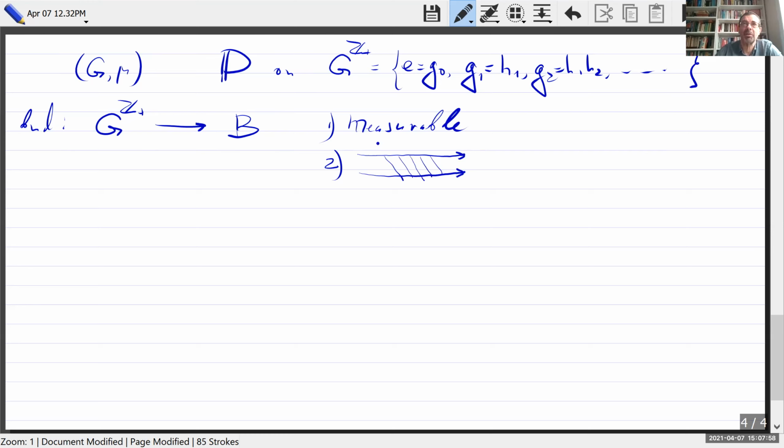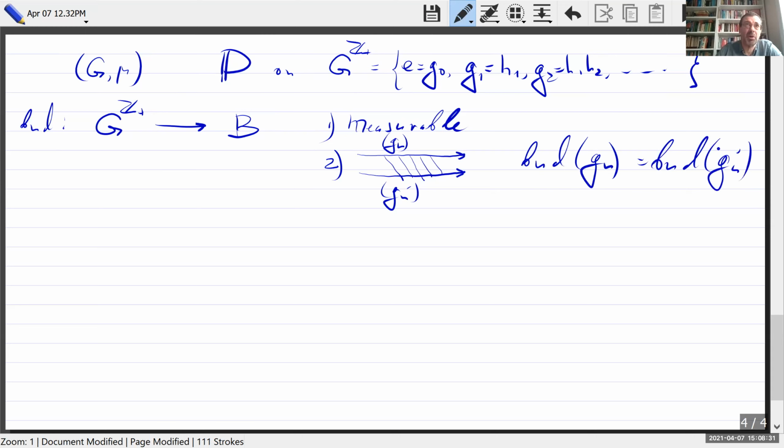So let it be sequence G_n, and this will be sequence G_n prime. Then, of course, if these sequences converge to limits, then these limits will be the same. That's a property of limit. And now I want my measurable map to have this property as well.